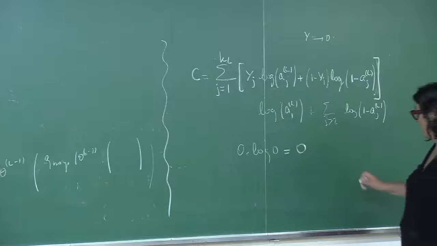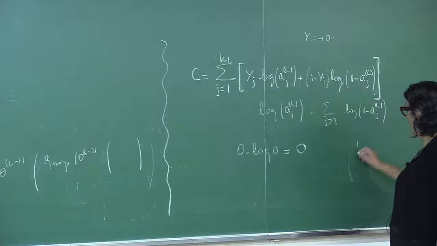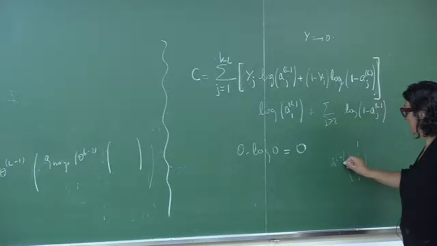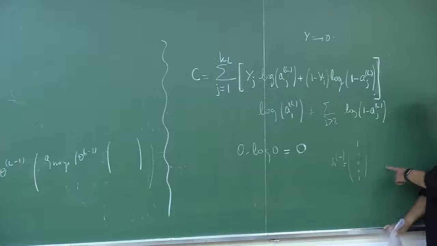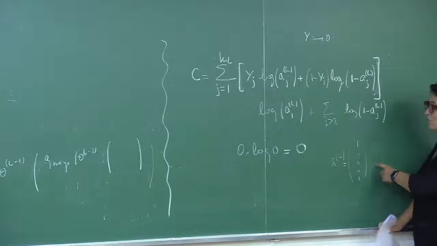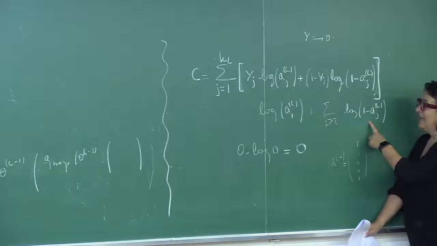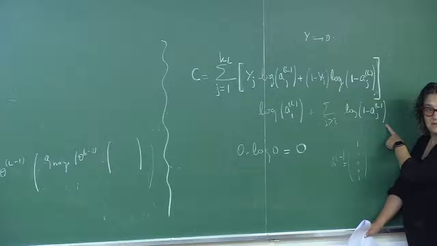The prediction is perfect if the first one is 1 and the rest is 0. And the cost is what? Log of 1 is 0, and here I have log of 1 that is 0, so the cost is exactly 0.